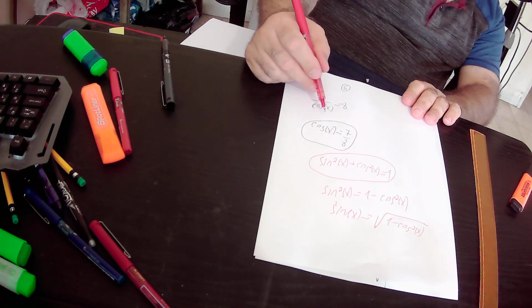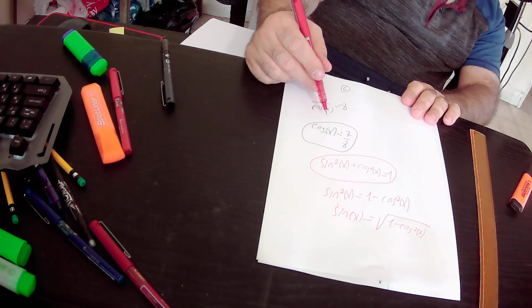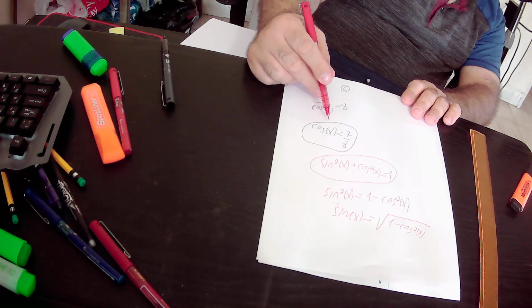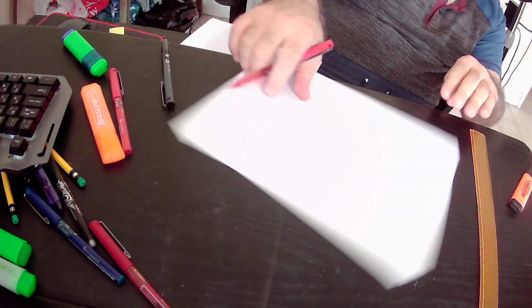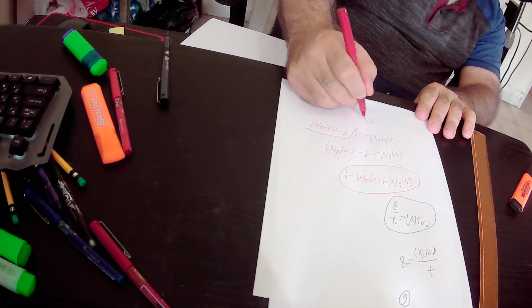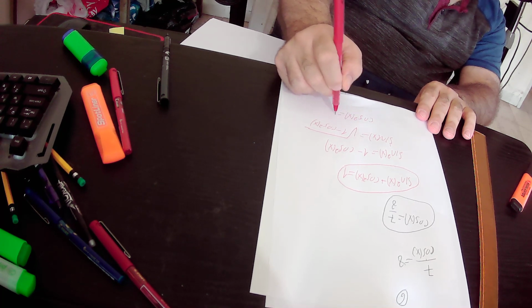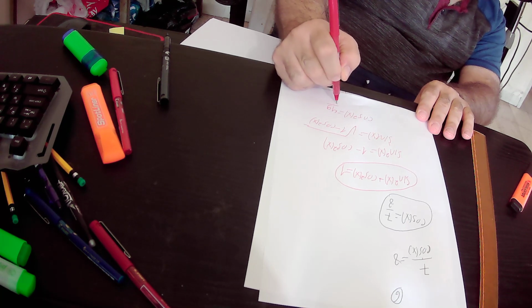We know that cosine x equals 7 over 8, so if we square this equality, we get the value of cosine square x. Cosine square x equals 49 over 64.